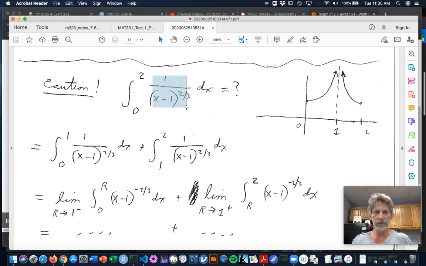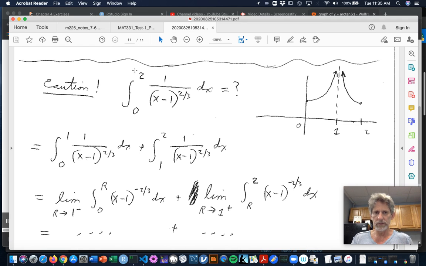This is a totally defined number. And when x is 0, it's -1 to the 2/3. -1 squared is 1. Cube root is still 1. 1 over 1 is 1. So I'm not unbounded as I go to 0, and I'm not unbounded as I go to 2. Looks like I got a totally proper integral here.